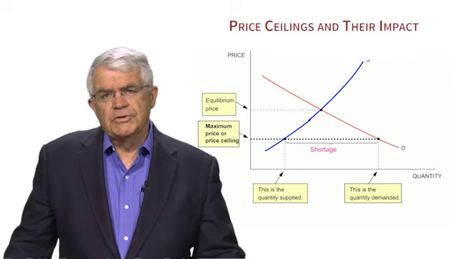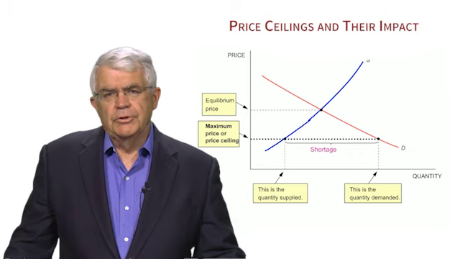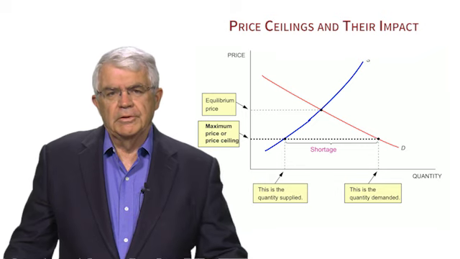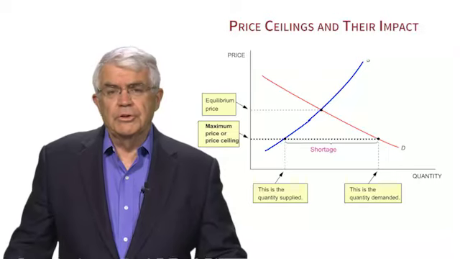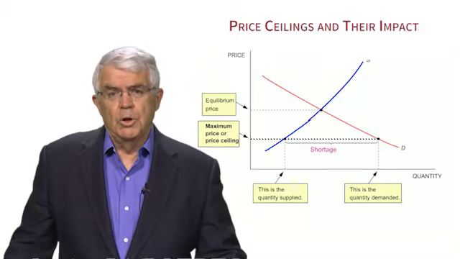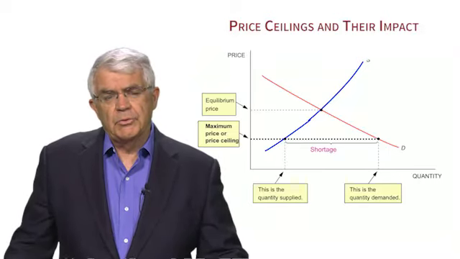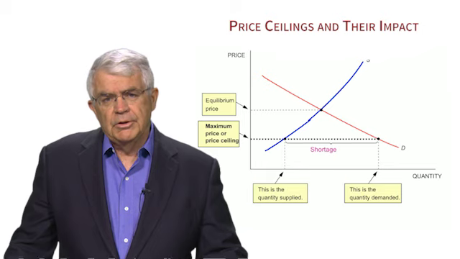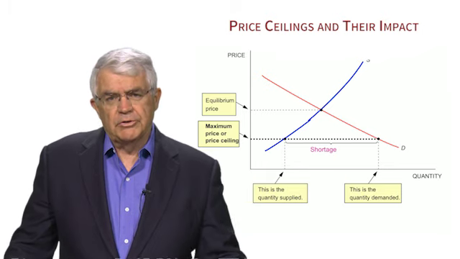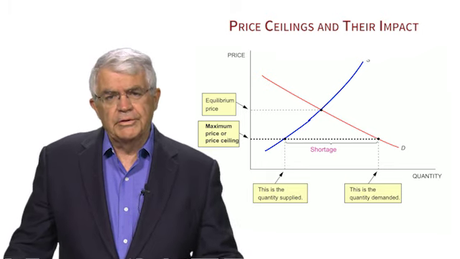One of the most common examples of price ceilings like this in markets is the controls on rents for apartments. Landlords will be told they can't charge more than a certain amount of rent, and so if that maximum, that ceiling, is less than the equilibrium, there'll be a shortage of apartments in that particular area. Or what might happen is the firms will say, well, I can't produce that many apartments at a low price, so maybe I can produce cheaper apartments, or maybe apartments where I won't do the maintenance very much, or I won't paint or fix the plumbing, so the quality will decline.